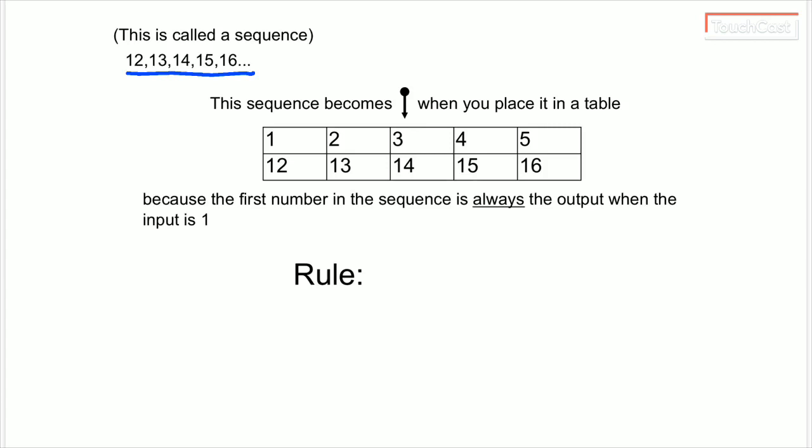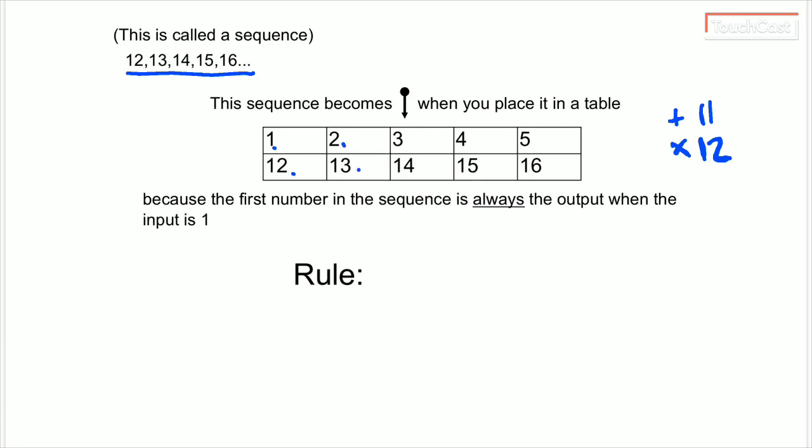So we have to find the rule. Much like we did before, we have to figure out how we get from 1 to 12. So 1 is the input, 12 is the output. There are two ways that we could do that. One of them is to add 11, or we could multiply by 12. So next we look at the 2 and the 13.